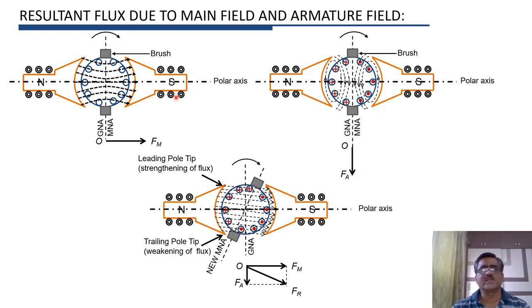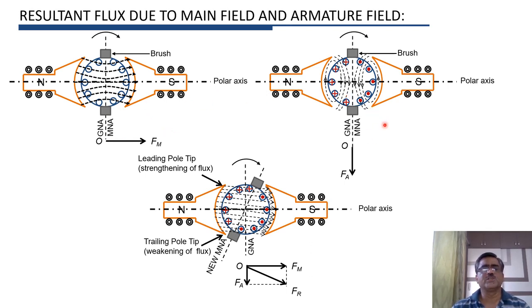In fact, not flux, the magnetomotive force. So magnetomotive force required to produce the main flux is OFM, and magnetomotive force because of armature current is OFA. Now in case of a machine, both these fluxes will exist simultaneously.